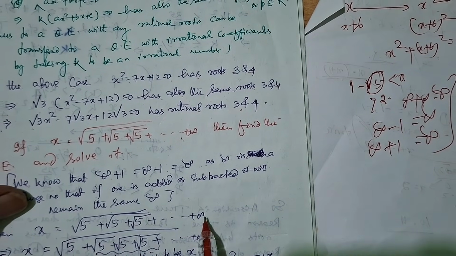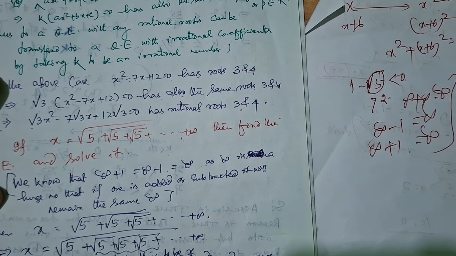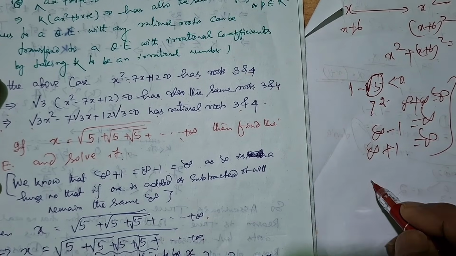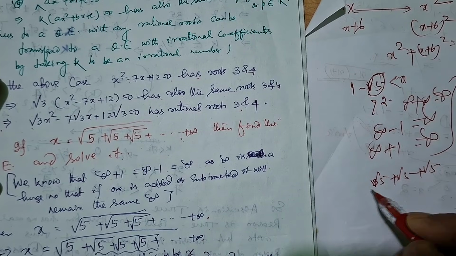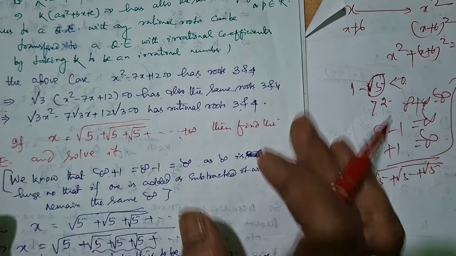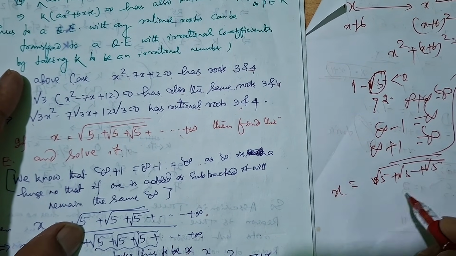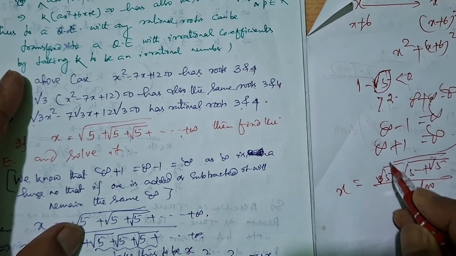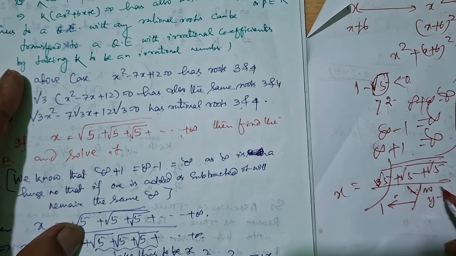So let x be this, which implies x is equal to this, take this part to be x again. If you take root 5 plus root 5 plus root 5 and so on, x is equal to this. Suppose there are y number of 5s, then leaving one outside, the rest is y minus 1, so total is y numbers.